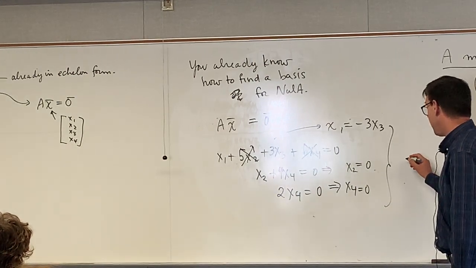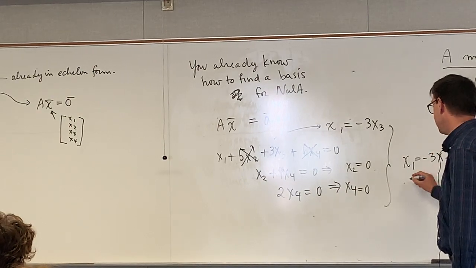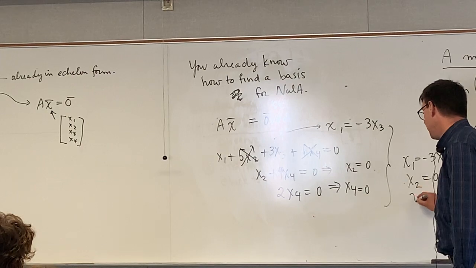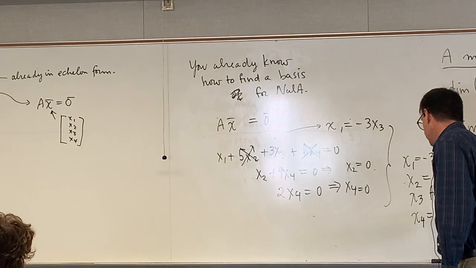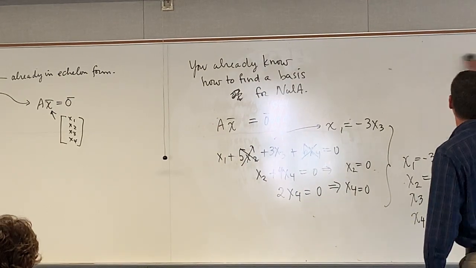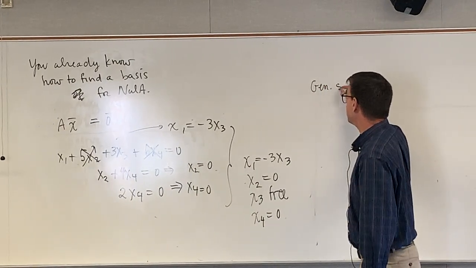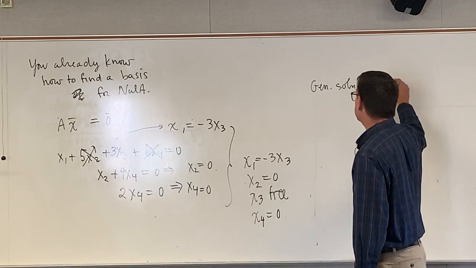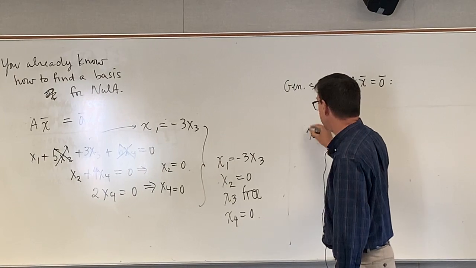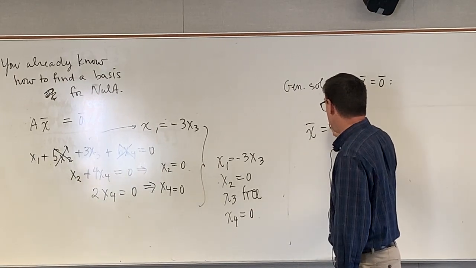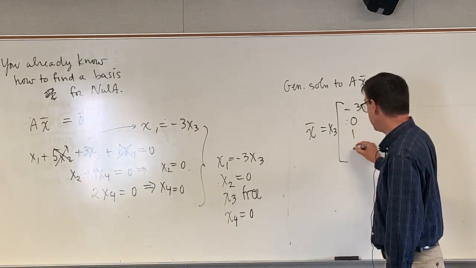So we end up with x1 equals negative 3x3. x2 is 0. x3 is free. x4 is 0. And so our general solution to Ax equals 0 would be x equals x3 times negative 3, 0, 1, 0.